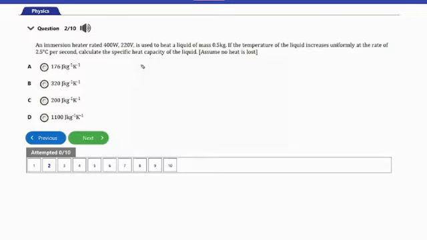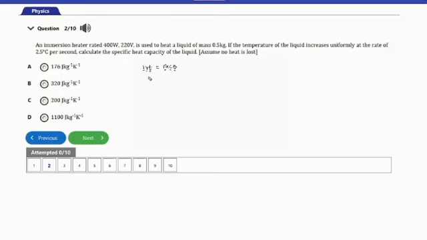Assume no heat loss. So guys, for a question like this, if we use the formula IVT is equal to MC theta, we are going to have that since we don't have all the parameters here, I is actually current and V is voltage, then T is the time, then M is the mass, C is the specific heat capacity, and then theta is a change in temperature.